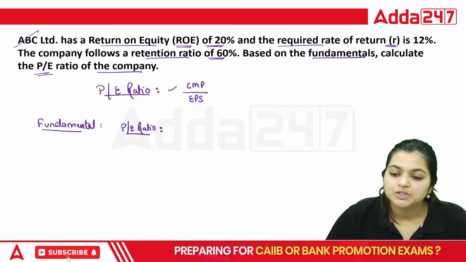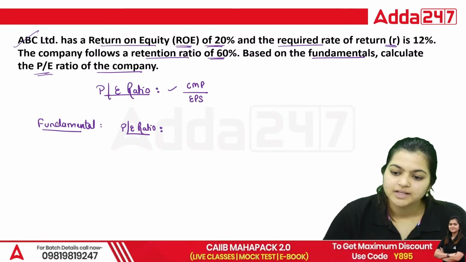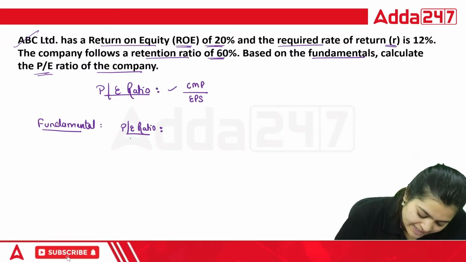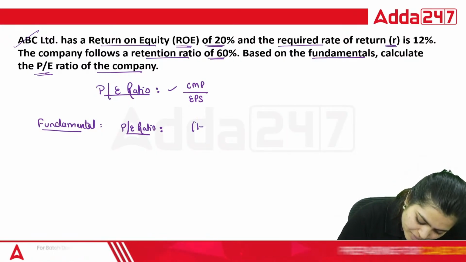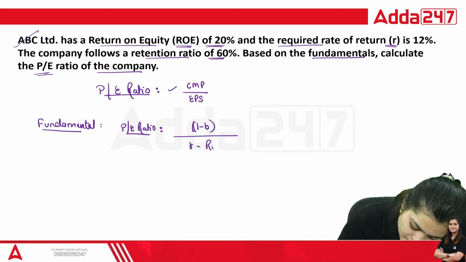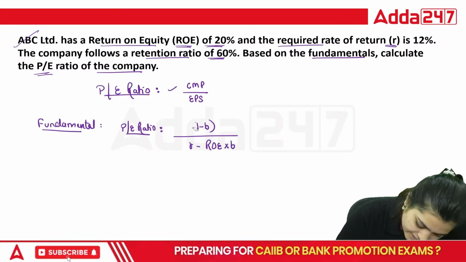Yes, everyone. So how do we need to calculate here? They are asking about the PE ratio with the help of fundamentals. So this is equal to (1 minus B) divided by (R minus ROE into B).